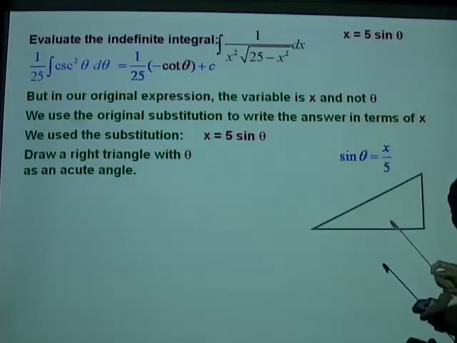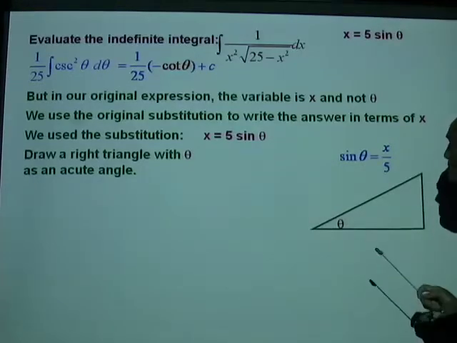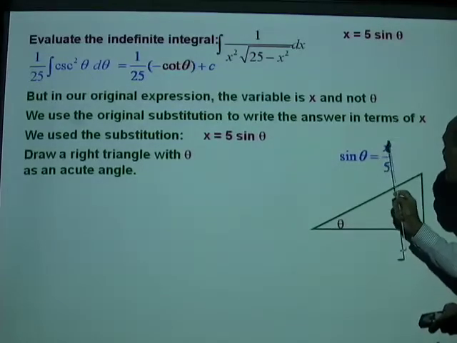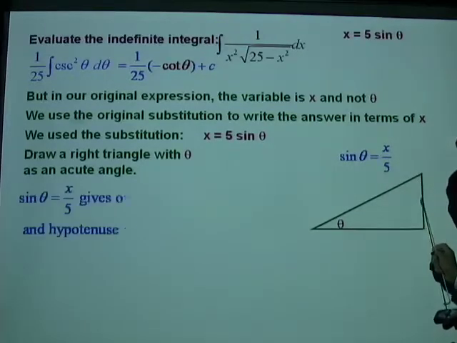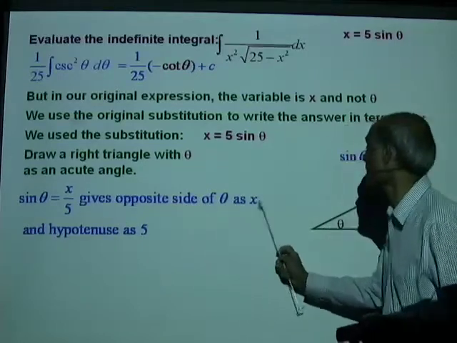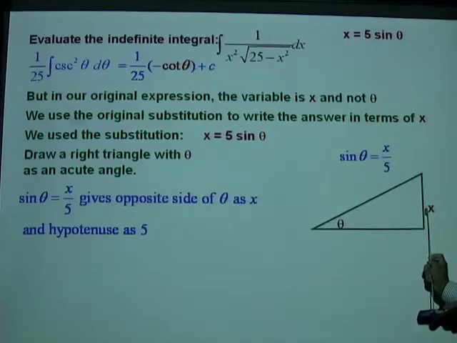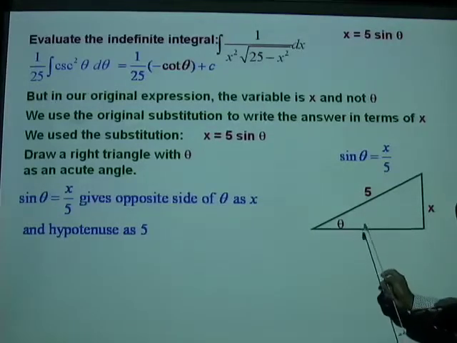So this is our triangle and this is our angle theta, the acute angle. Sine theta is opposite side divided by hypotenuse. That means the opposite side is x, and the hypotenuse is 5.